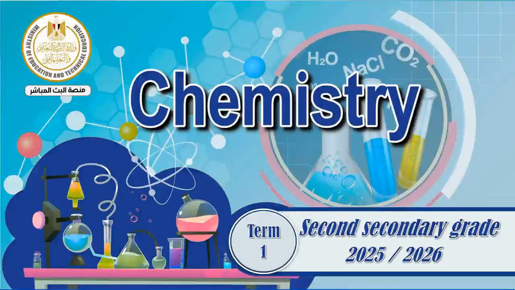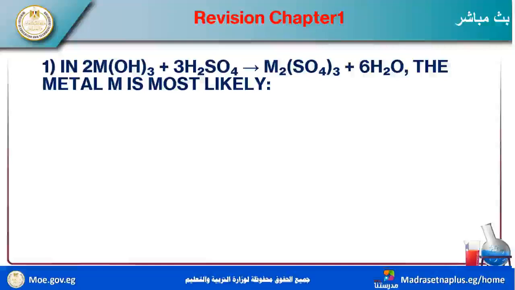Today we will start solving some problems in this first slides: 2MOH by 3 plus 3H2SO4. We are solving a problem here. The result is M2SO4 by 3 plus 6H2O.